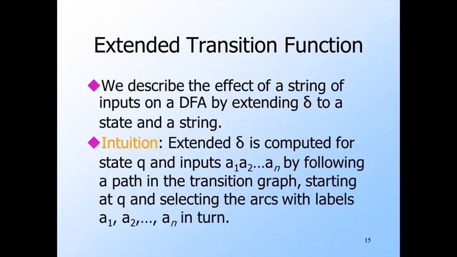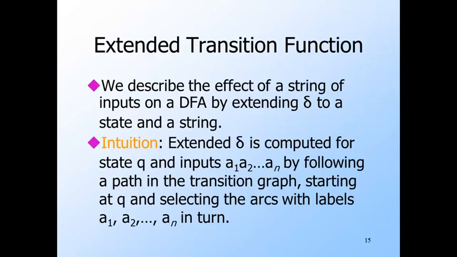The extended transition function delta is a function that takes a state Q and a string W of any length, including 0, and tells us where the automaton gets to if it follows a path in the transition diagram from Q, where the arcs are labeled by each of the symbols of W in order.